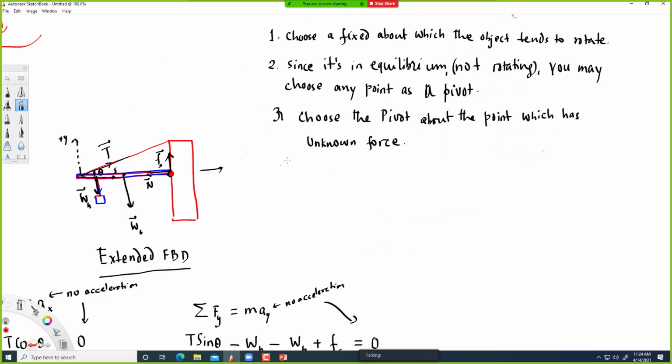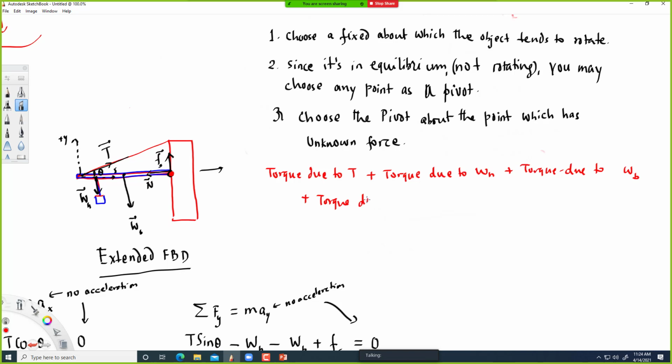Then let's now, for each of these forces, find the torque. So torque due to tension plus torque due to WB plus torque due to normal plus torque due to friction.